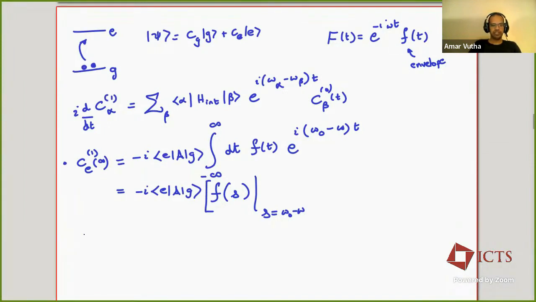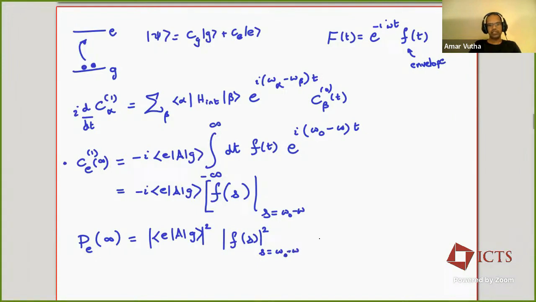And if you care about the population in the excited state at some fairly long time after the pulse is turned off, then this is basically just whatever your atomic matrix element is, times the mod square of your Fourier transform evaluated at the frequency omega naught minus omega. Okay, so it really is that simple. If you know what your envelope is, the Fourier transform of the envelope tells you the line shape of your spectroscopic profile. Let's play with some examples because this will be useful to understand.